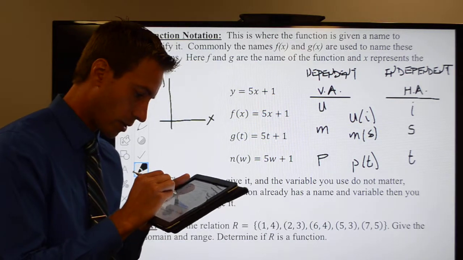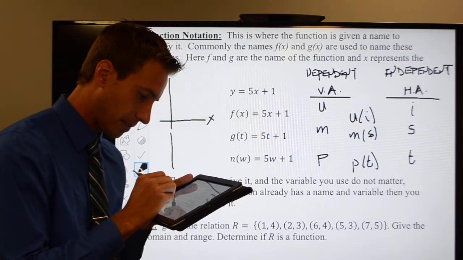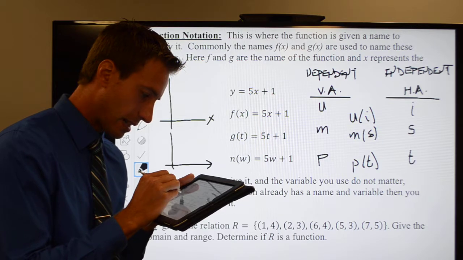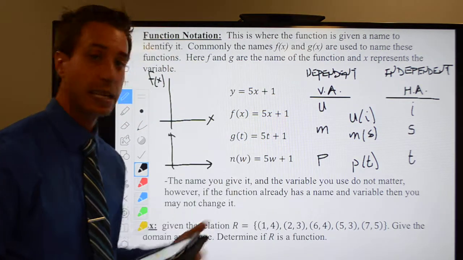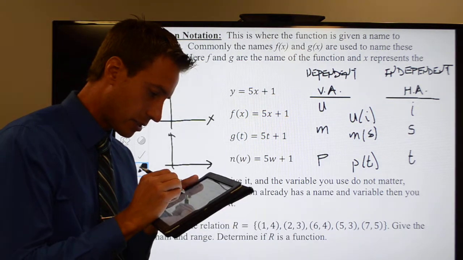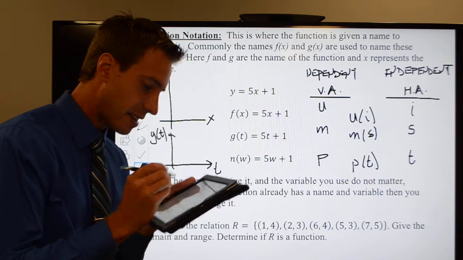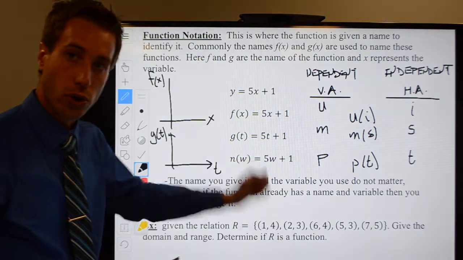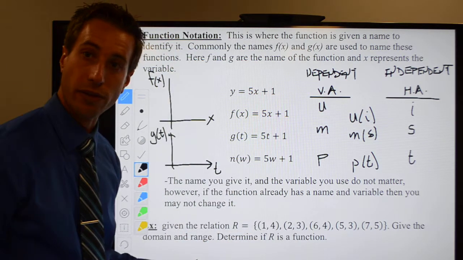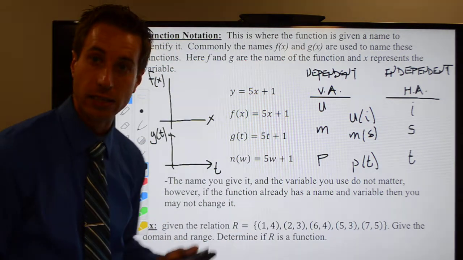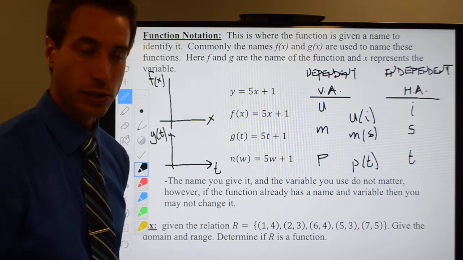What about the next one? If we had g of t. Well, in this case, g of t would be my vertical axis, g of t. T is my independent variable, so t would go on the horizontal, g of t would go on the vertical because g depends on t, and so on.